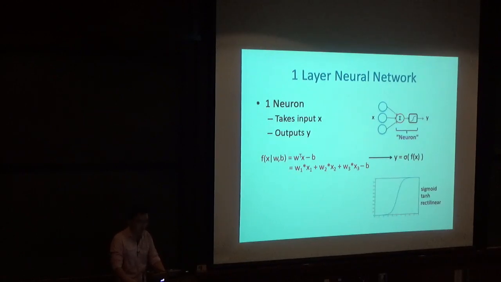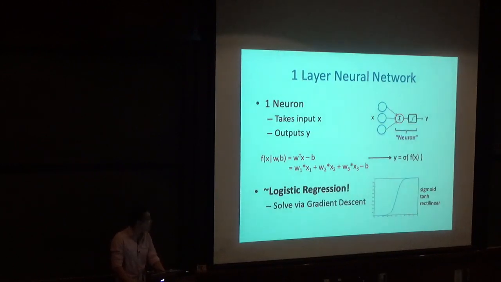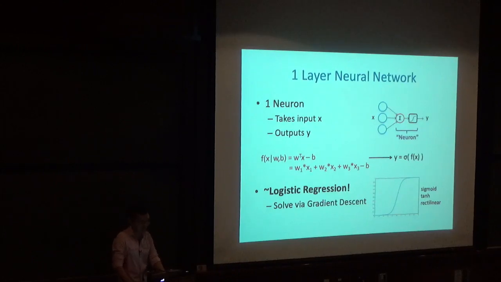It could be another one: sigmoid, hyperbolic tangent, rectilinear, but some transfer function. This is actually logistic regression. A single neuron, a singleton neural network with a sigmoid transfer function is exactly a logistic regression.